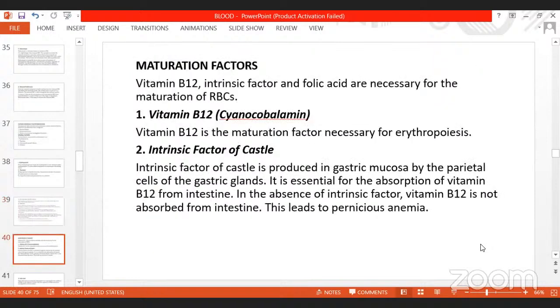Vitamin B12 helps in the maturation of erythropoiesis. An intrinsic factor of Castle produced by the gastric mucosa is essential for the absorption of vitamin B12. So, if the intrinsic factor of Castle is absent, vitamin B12 is not absorbed, which produces pernicious anemia.